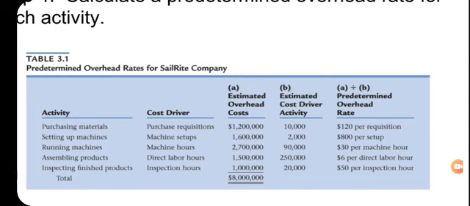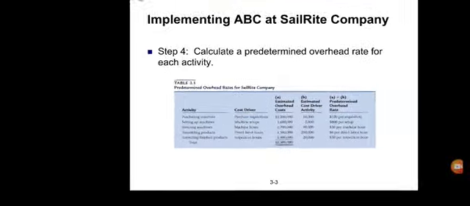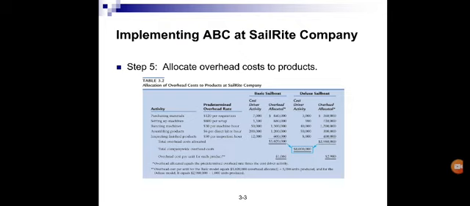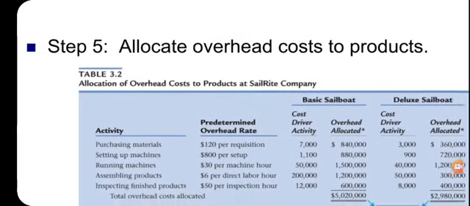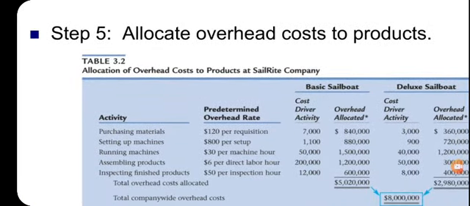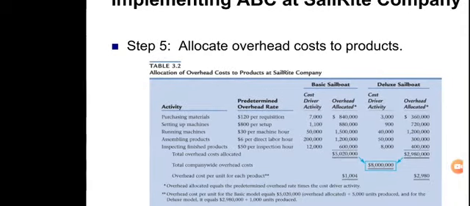So same, we have to calculate the overhead rate for every activity. And then after you have calculated the rate, you go to the step number 5. You allocate overhead cost to the product.